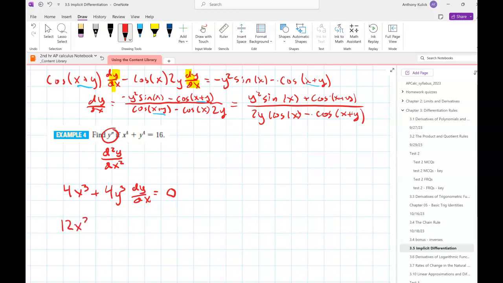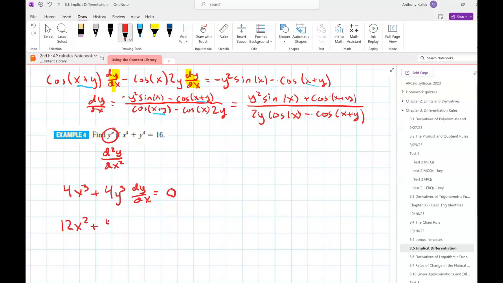12x squared. How do I do the derivative of 4y cubed times dy dx? I gave you a hint there. Product rule. Remember when I said times dy dx?